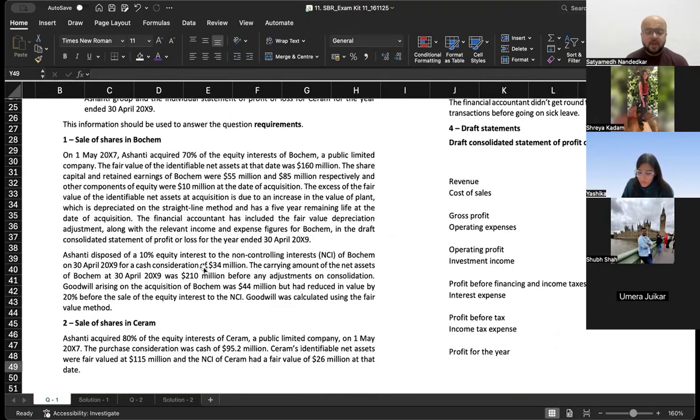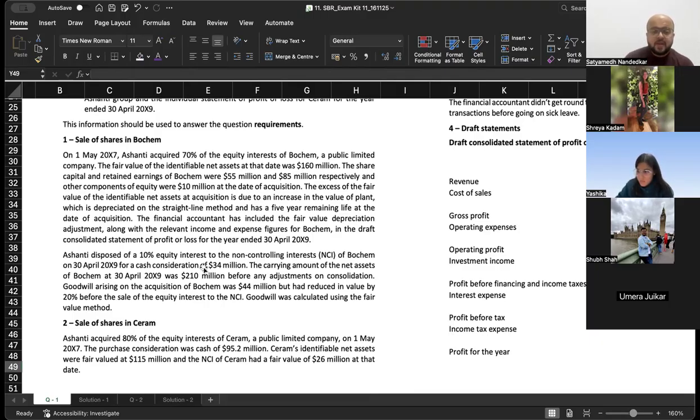On 1st of May 2007, Ashanti acquired 70% of the equity interest of Bokem, a public limited company. The fair value of identifiable net assets at that date was 160 million. The share capital and retained earnings of Bokem were 55 million and 85 million respectively, and other components of equity were 10 million at the date of acquisition.